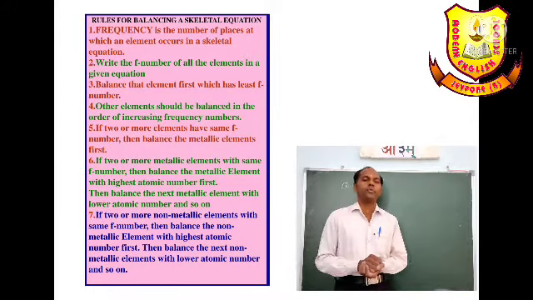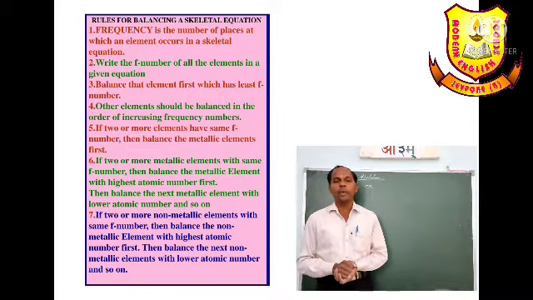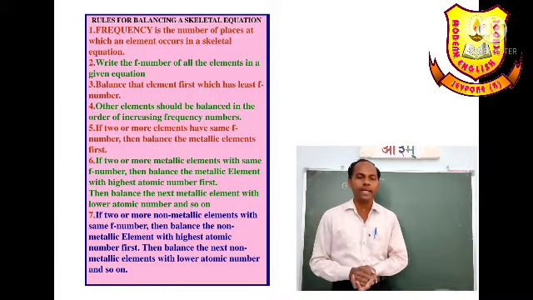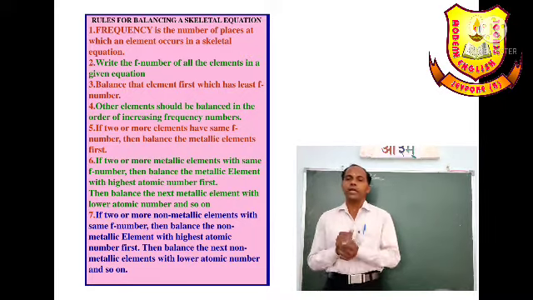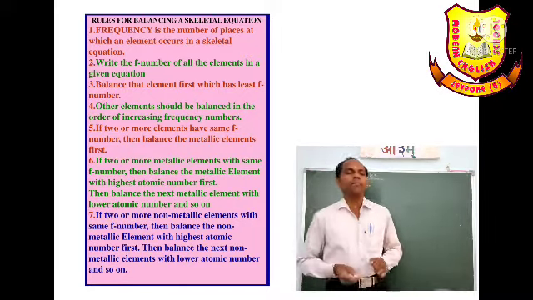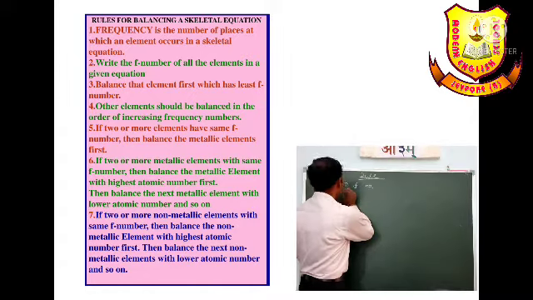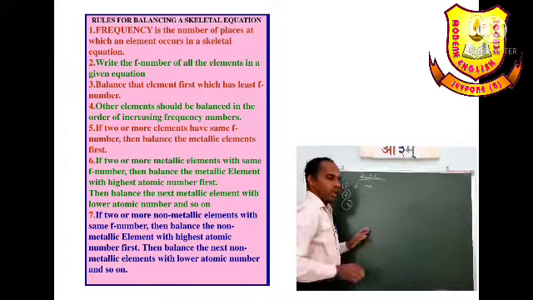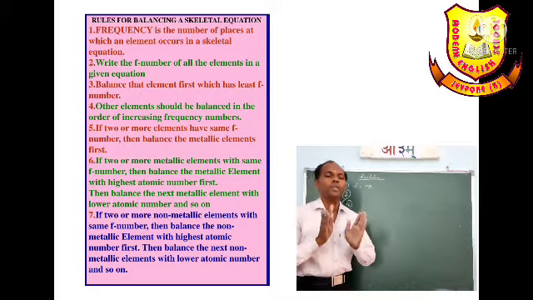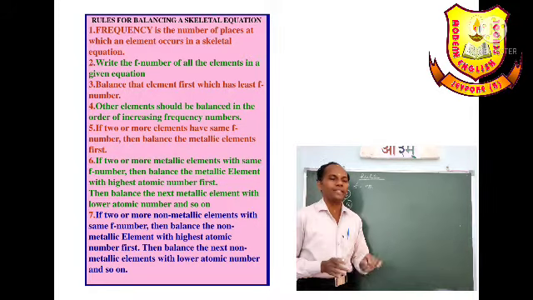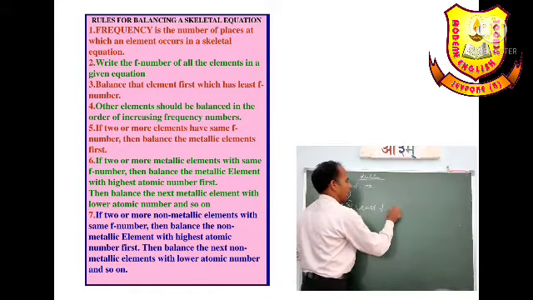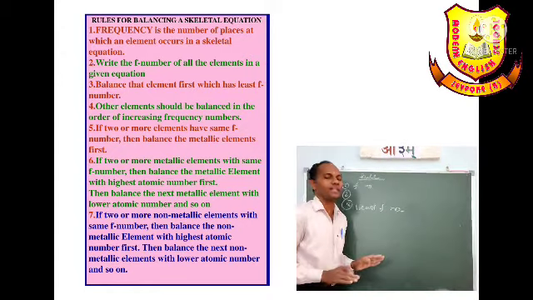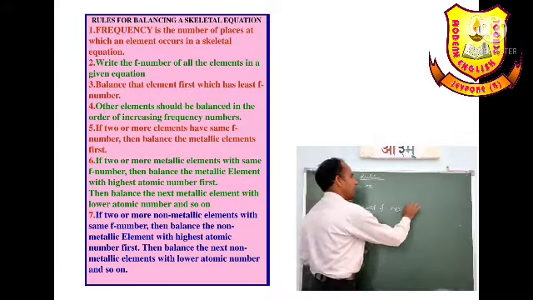We have to see whether it will be balanced first, second, third, or fourth. To know that, we have to see which element has the least F number. The element which has the least F number will be balanced first.